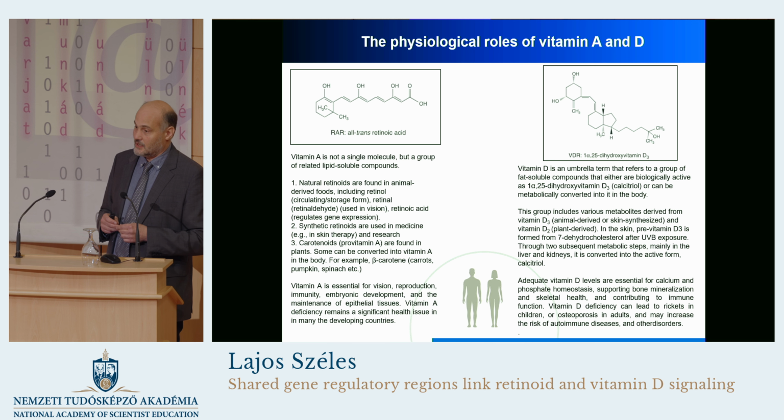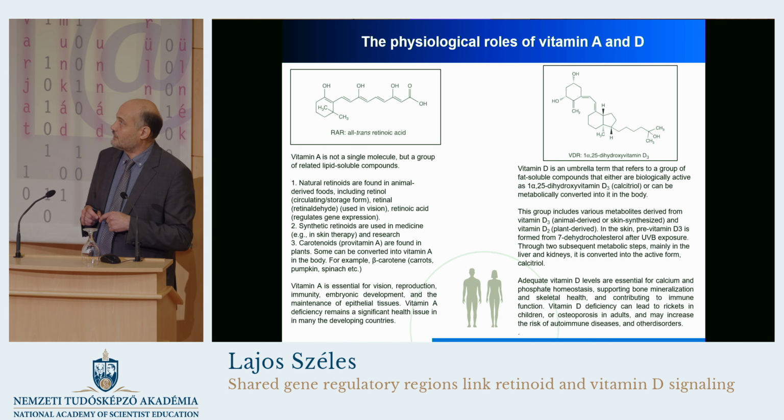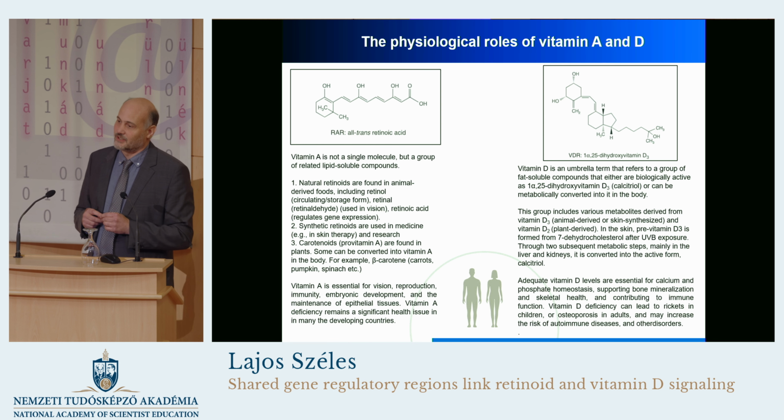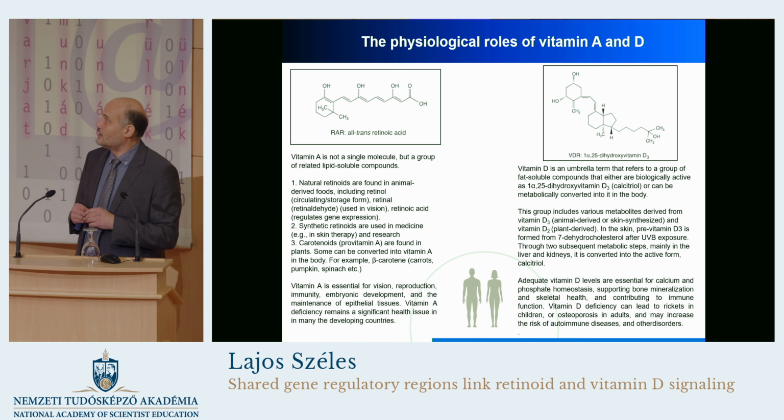Vitamin D also refers to multiple related molecules. The biologically active form is 1-alpha-25-dihydroxyvitamin D3, which is calcitriol, but many other molecules are also named as vitamin D because they have similar function, or they may be converted into the active form.